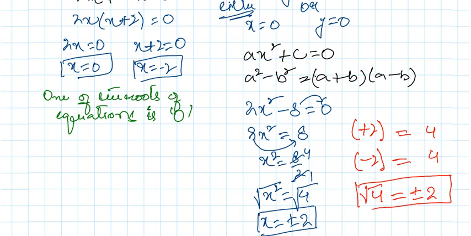Okay, I hope these two types are clear. Any question regarding this? Yes, we did these two methods, common factor and the square root thing, when we were doing the basic equations after simultaneous equations, when we started.